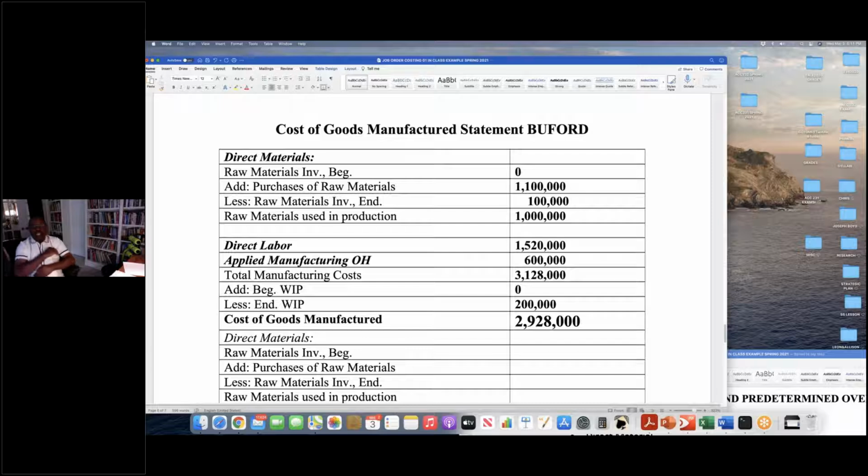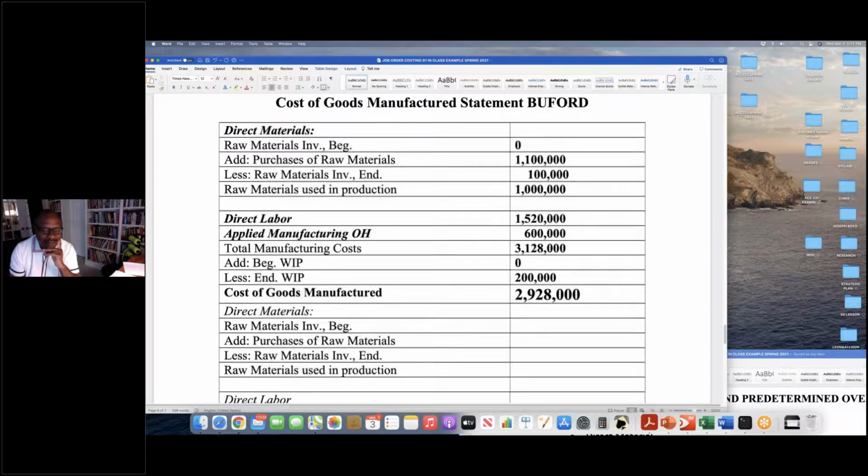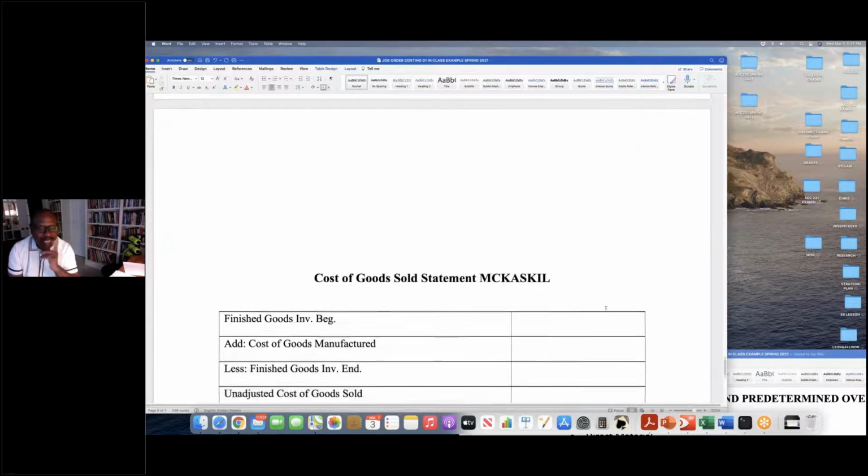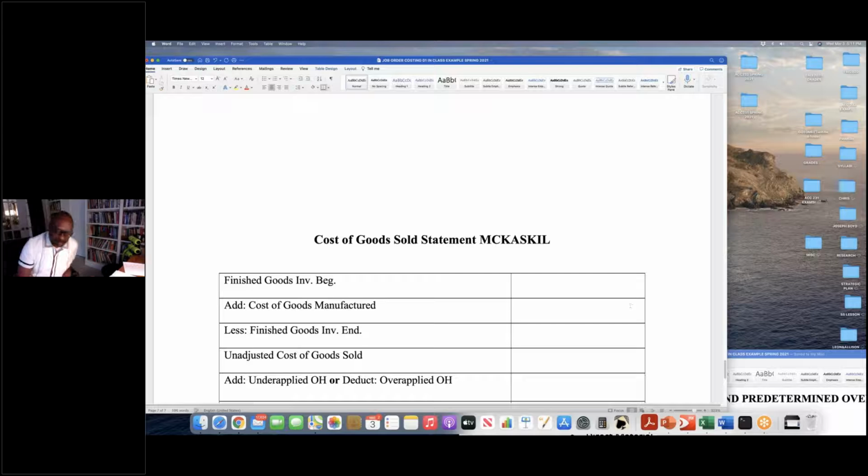Does it tell you anything? Well, you have to look at it, so go back and look at it.